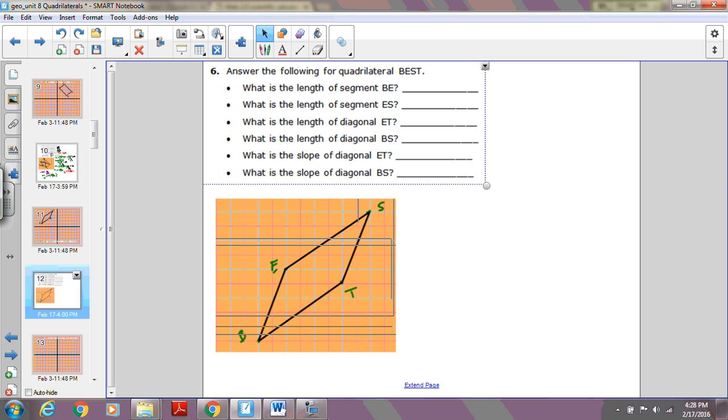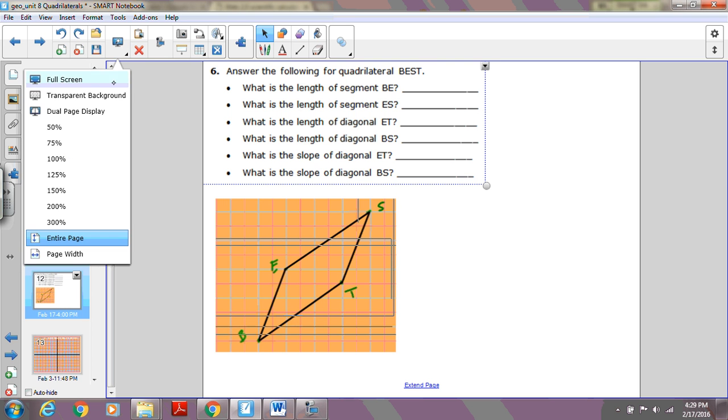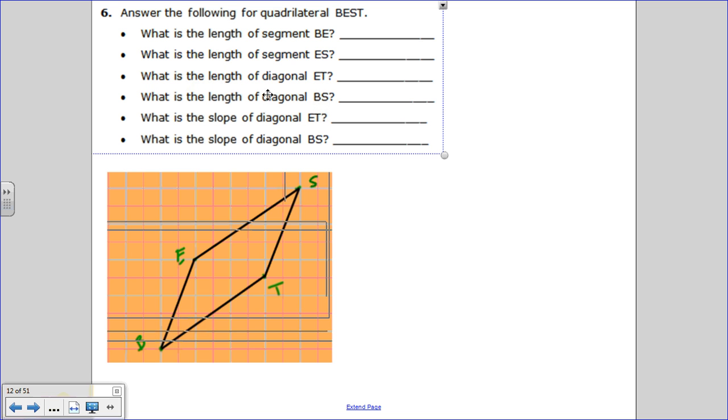Alrighty. So the first thing I would like for us to do is find the length of segment BE.